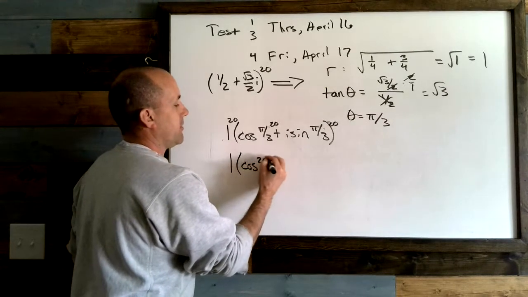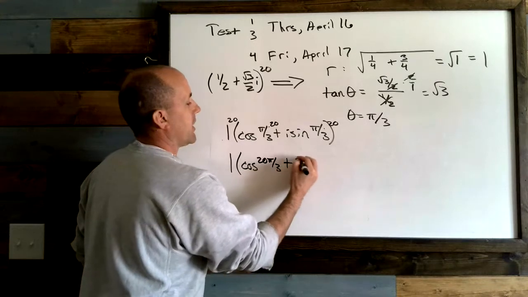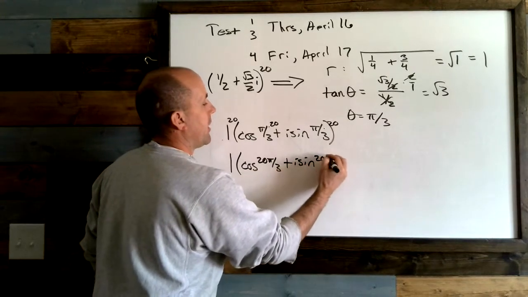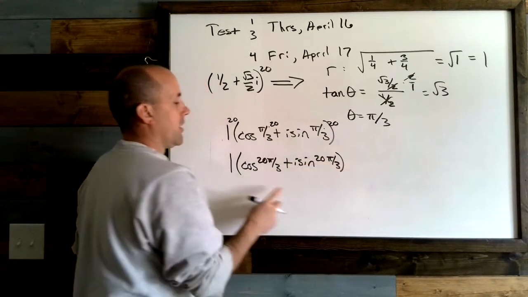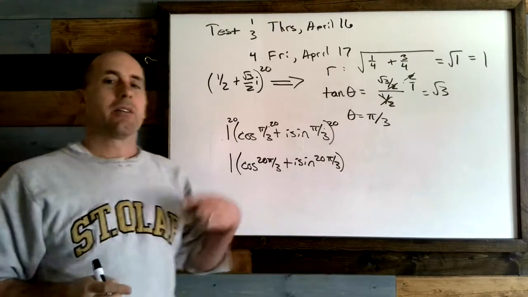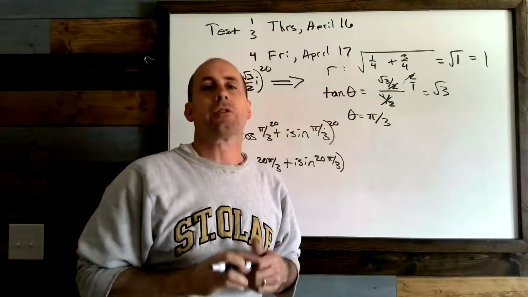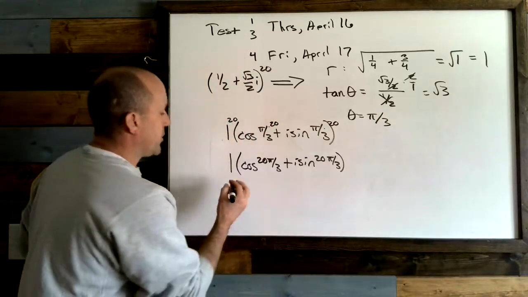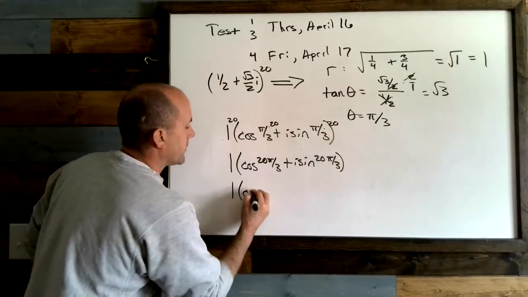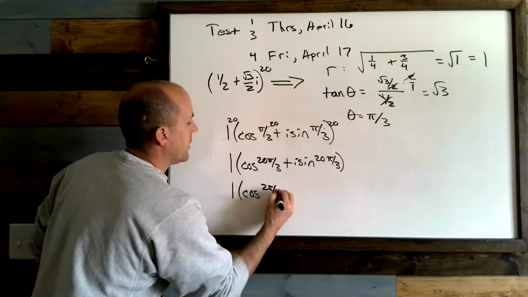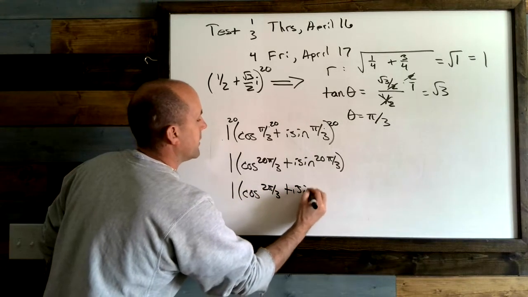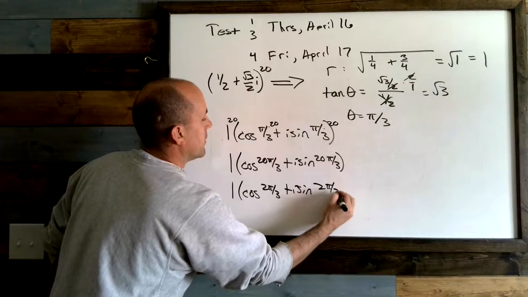Cosine of 20 pi over 3 plus i sine of 20 pi over 3. Does that look familiar? Yeah, just like from our last problem, we subtract off that 6 pi over 3. We did that and we came up with 2 pi over 3. So 1 times the cosine of 2 pi over 3 plus i sine of 2 pi over 3.